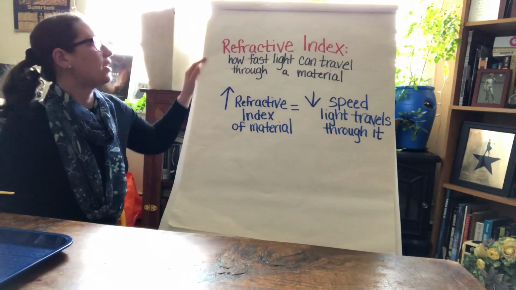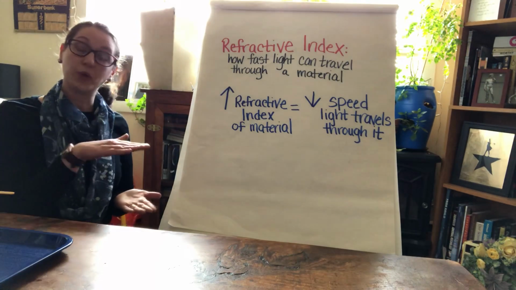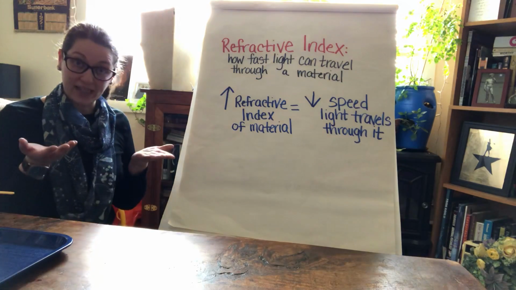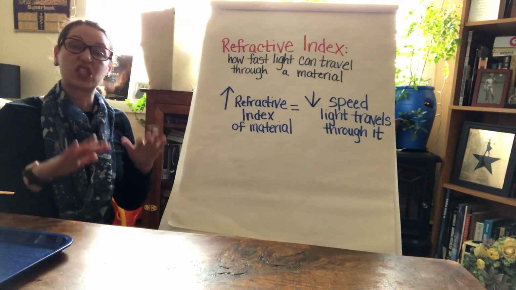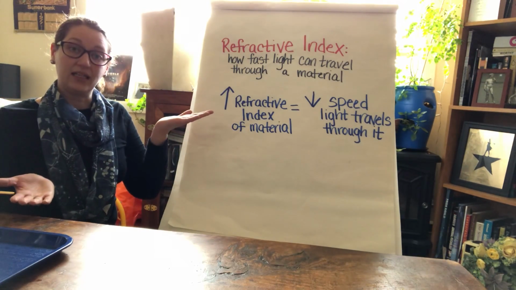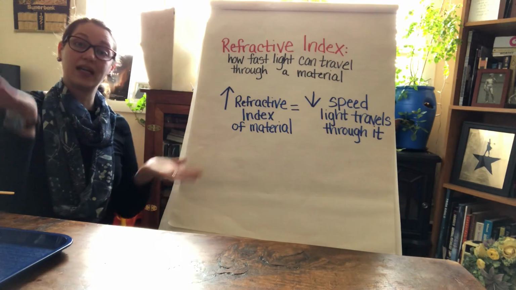So refractive index is a measure of how fast light can travel when it's moving through a material. And when something has a higher refractive index, the speed of light traveling through that material is slower. So that's called an inverse relationship. As the RI goes up, the speed of light moving through it goes down, and vice versa.